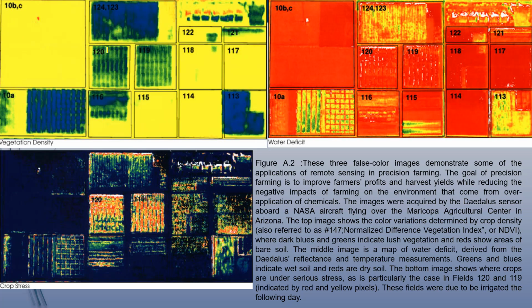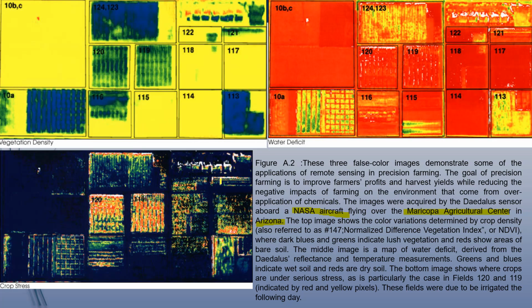And these are the heat maps. What are these telling? Let's see. These heat maps are being taken by a NASA aircraft flying over the Maricopa Agricultural Center in Arizona. And these are the images captured by some kind of drone in the US, Arizona.